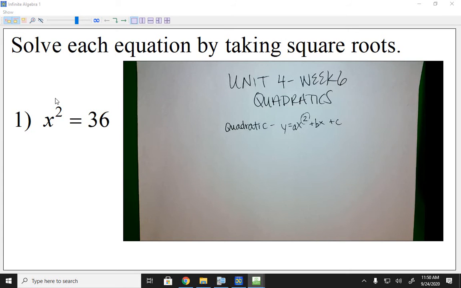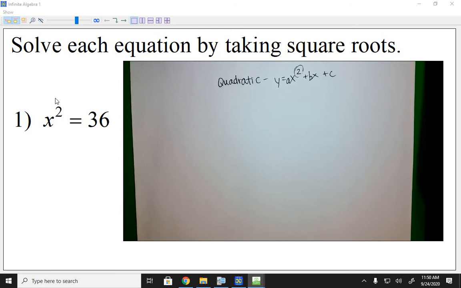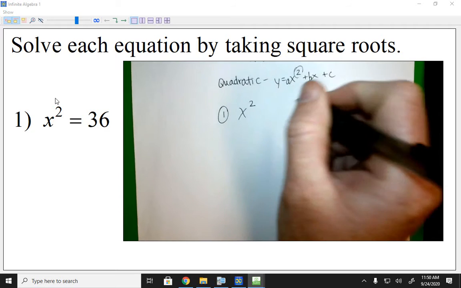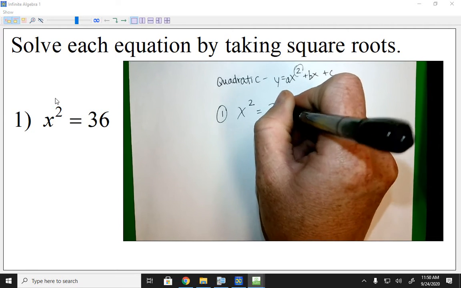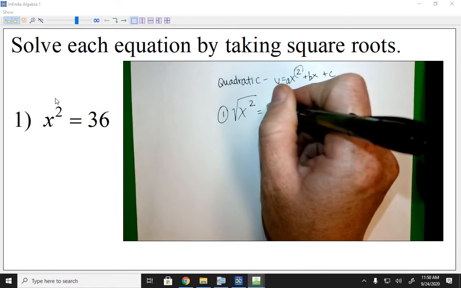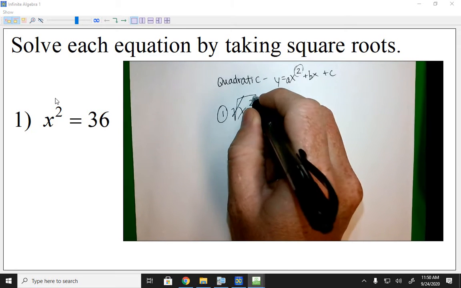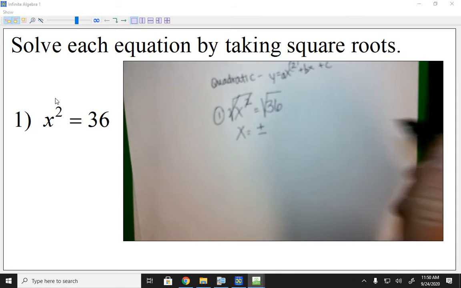Okay, so what they want you to do at first, the math people, is they want you to be able to basically know that there's two answers to this. Okay, so we're going to take the square root, and when you take the square root of anything, you actually need to put a plus and minus sign out front.